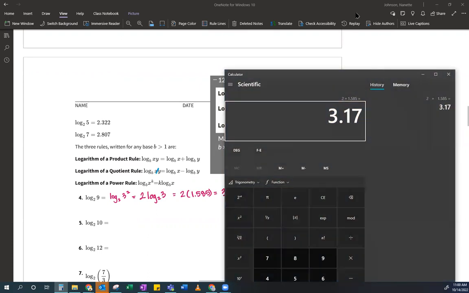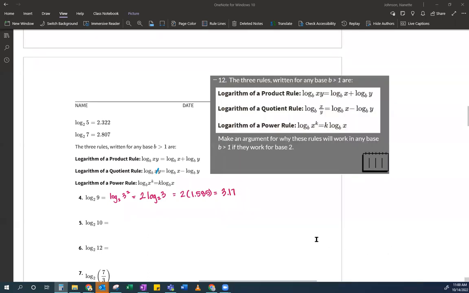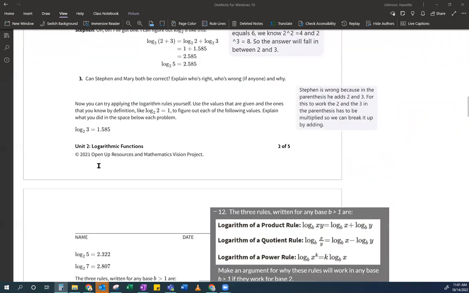Now notice here, I'm going to make a big deal about this just so that everybody sees this. These equal signs are reserved for exact answers. I'm going to say that again. These equal signs are only reserved for exact answers. So Ms. Johnson, 1.585 is an approximate. Yeah, it's an approximate.